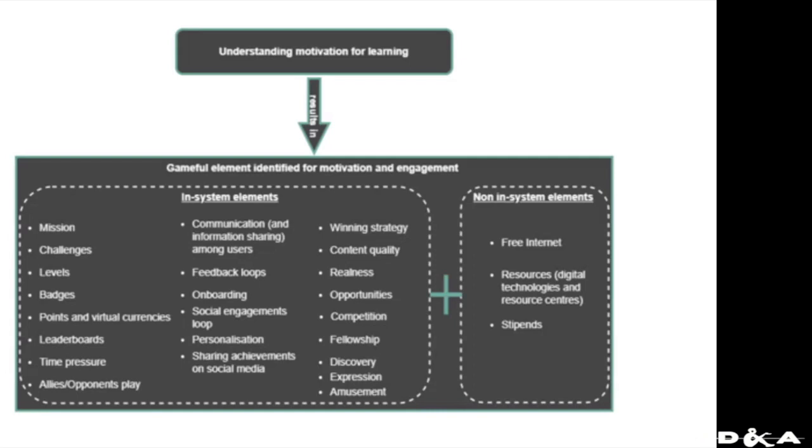But there are also 3 aspects that were not system elements which we identified, which were free internet sources, such as digital technologies, and also stipends, like what they need to survive while undergoing this training.